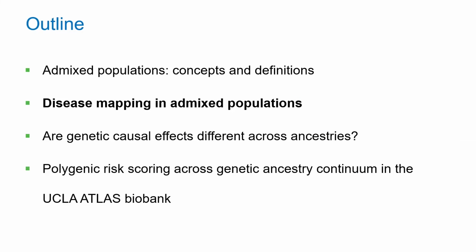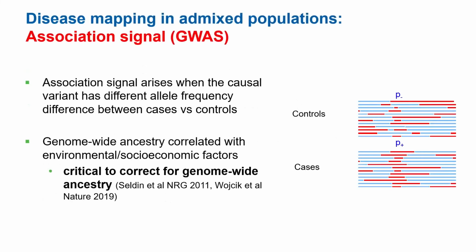So how do we combine these into a statistical model to do disease mapping, let's say, in admixed populations? Well, the standard way to do it is what has been referred to as genome-wide association studies, which I'm sure all of you are familiar with, so I'm not going to dive too much into it. But essentially, I'm going to present it in a case control setting, but you can think about it as continuous as well.